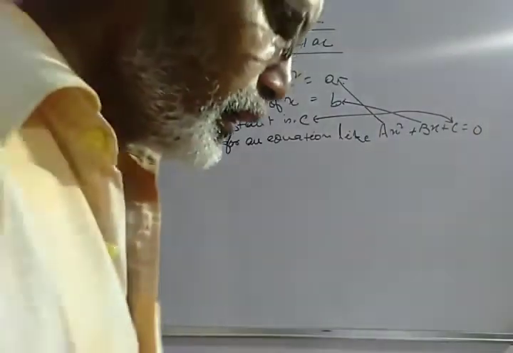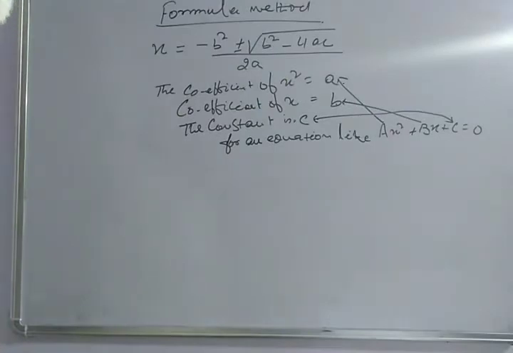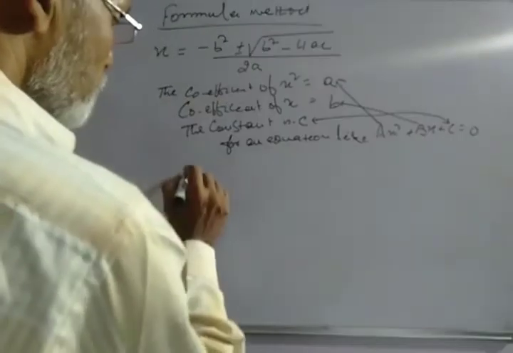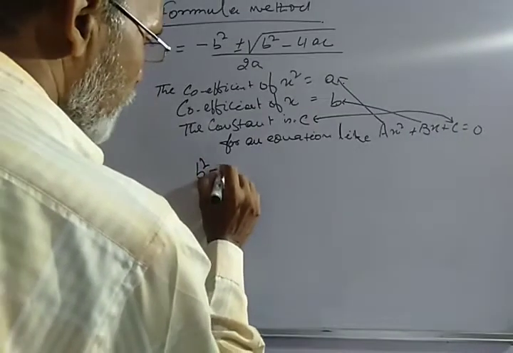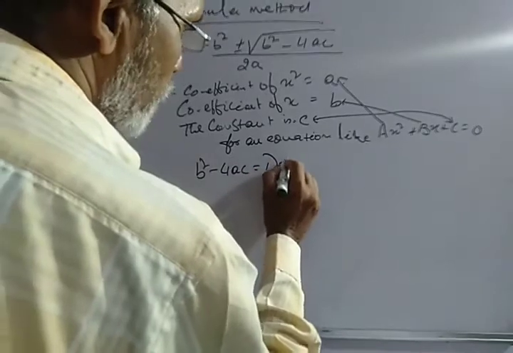So putting the values, we can find out the values of x. Here remember, b square minus 4ac is known as the discriminant value.